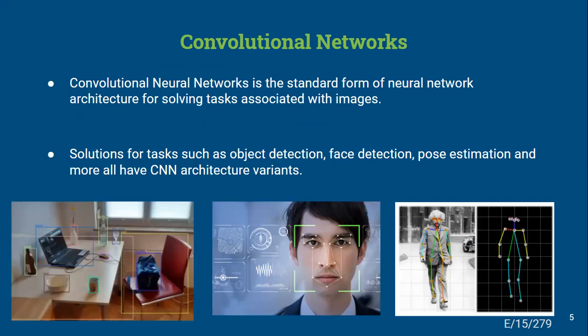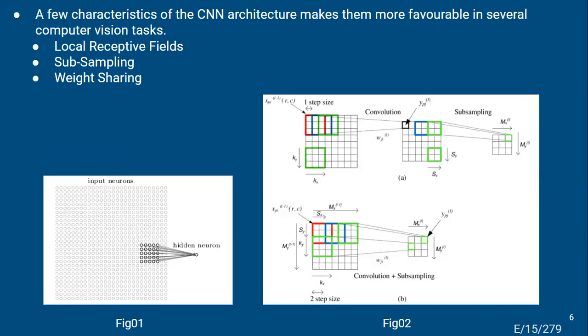A convolutional neural network is the standard form of neural network architecture for solving tasks associated with images. Solutions for tasks such as object detection, face detection, pose estimation, and more all have CNN architecture variants. The following figure shows you some examples of object detection, face detection, and pose estimation respectively.